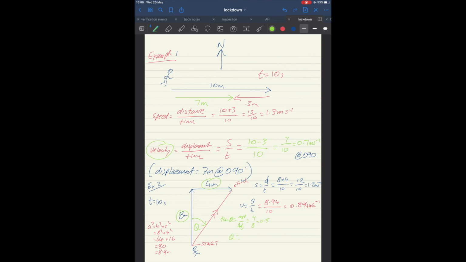So theta equals, let's plug it into the calculator. Try this yourselves at home. It's 26 point something, I'm going to round up to 27 degrees. So therefore the velocity equals 0.89 metres per second at 027.